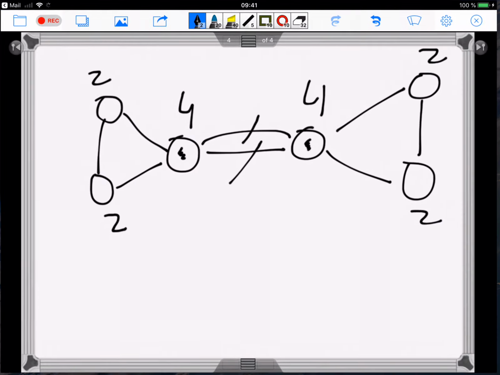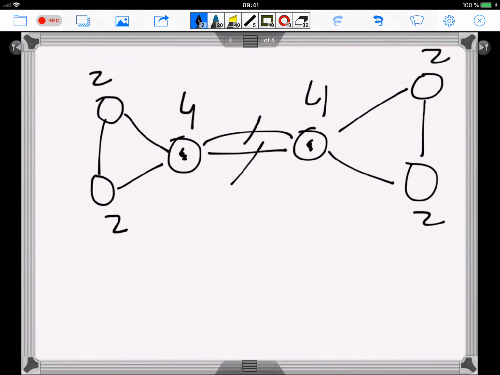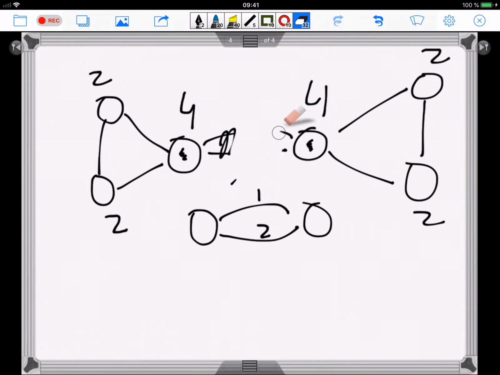Okay, so in this case, what I'm going to do is to remember that I have used this edge first and this edge second, and I'm going to remove these edges from the graph. Okay, that is what the algorithm is saying.